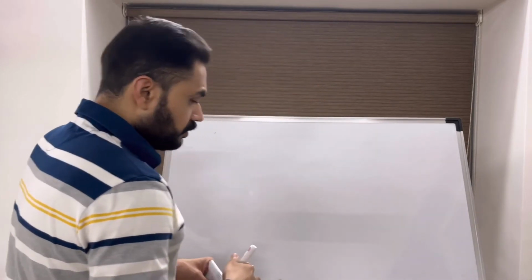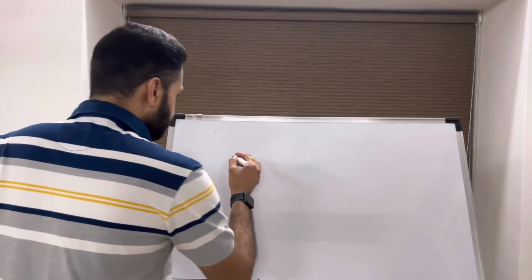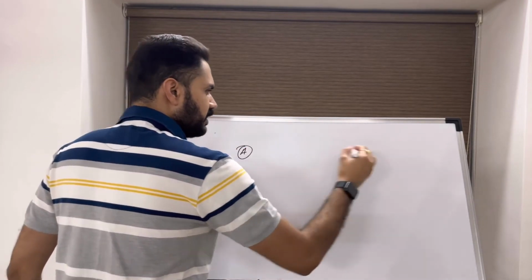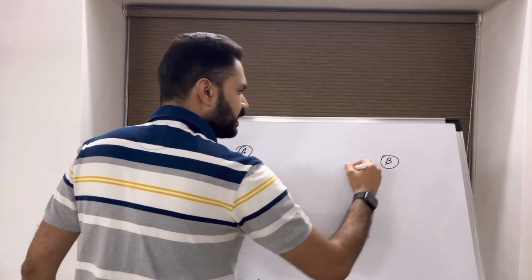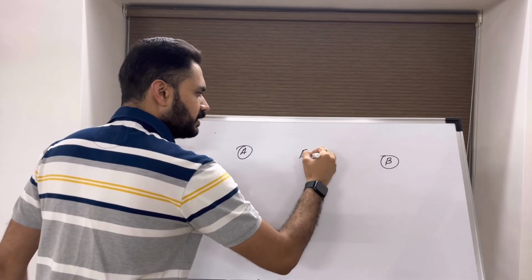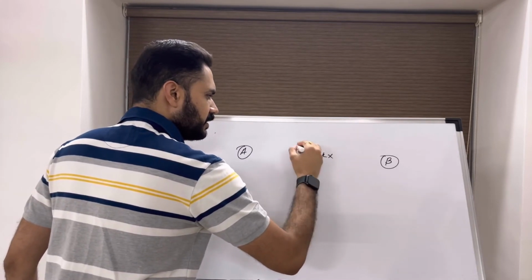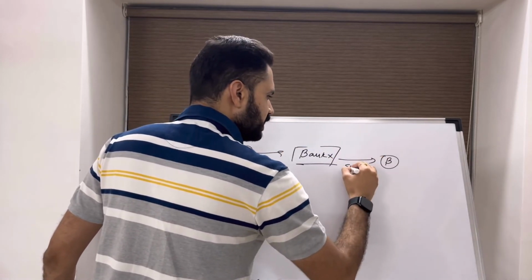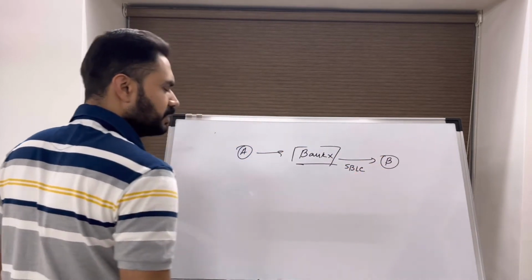Now, let's look at what we mean by reinstate and revolving, or for that matter evergreen. Suppose you have an applicant, a beneficiary and a bank. An SBLC is issued.